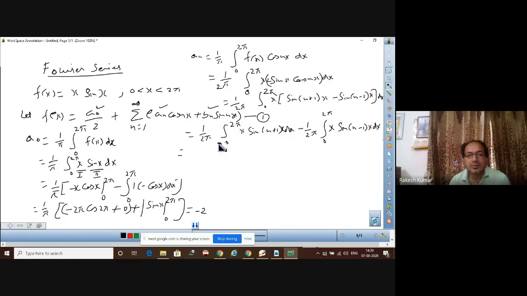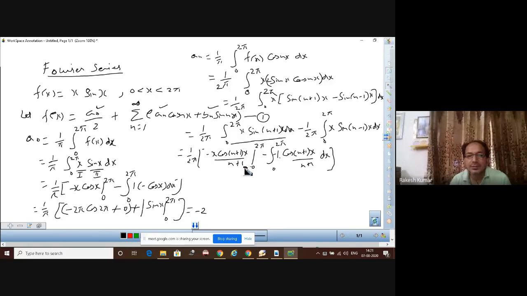Now you can integrate this integral by parts. 1 upon 2 pi, first function x as it is, integral of sine is minus cos of n plus 1 x divided by n plus 1, with limits 0 to 2 pi, minus the derivative of x, which is 1, and integral of sine is minus cos, so minus cos of n plus 1 x over n plus 1 dx within the limits 0 to 2 pi. So this is the integration of the first term.